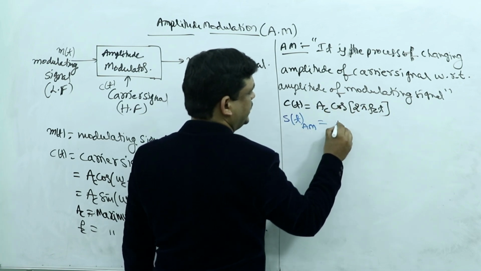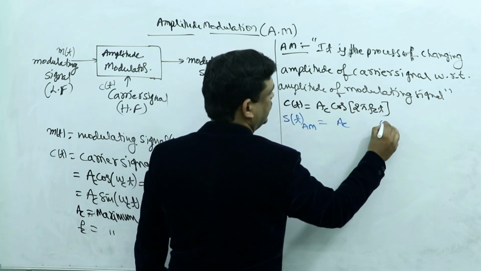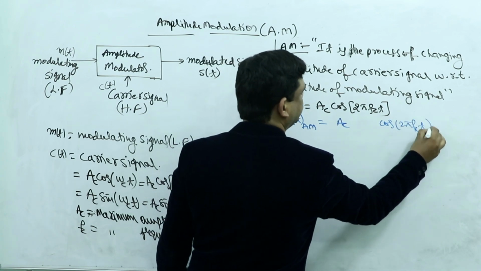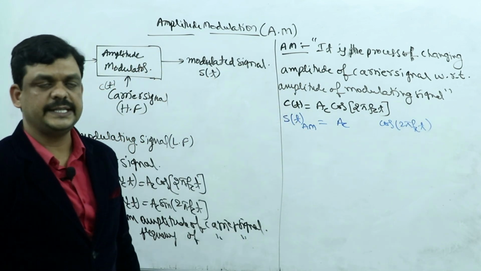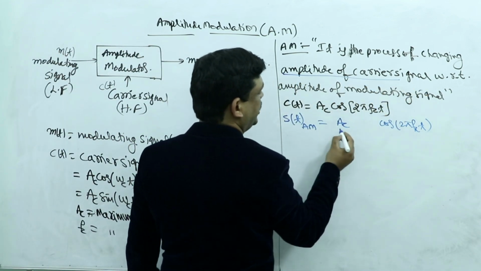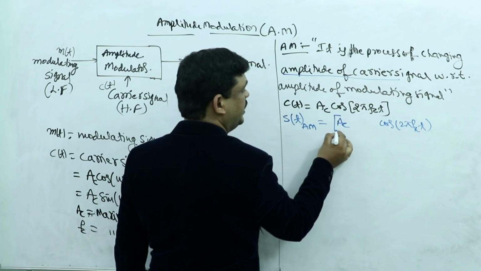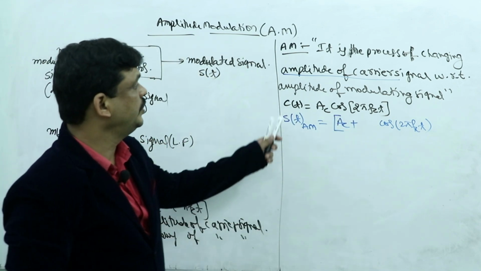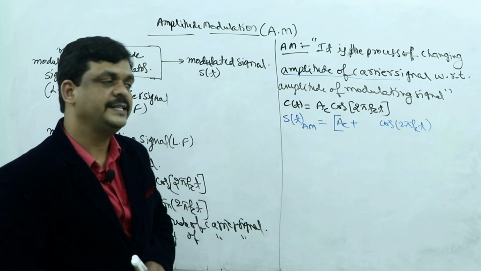This is the carrier signal, right? AC cos of 2 pi FCT. The amplitude of the carrier signal changes. Amplitude of the carrier signal is nothing but AC, and it changes with respect to the amplitude of the modulating signal.